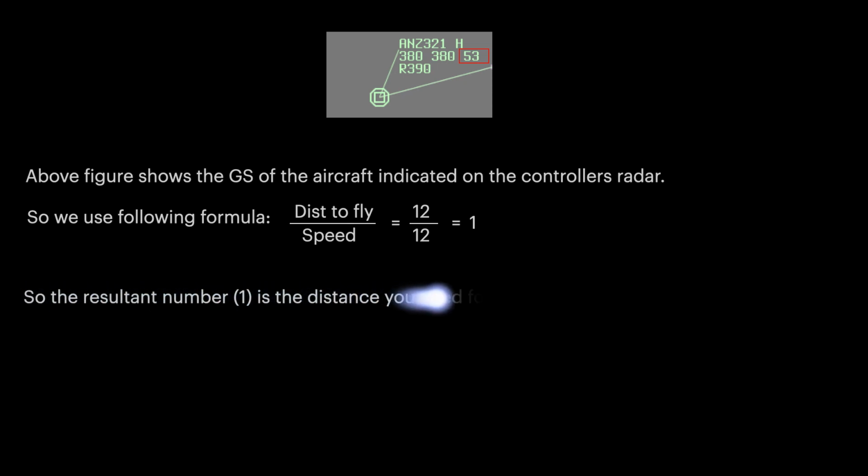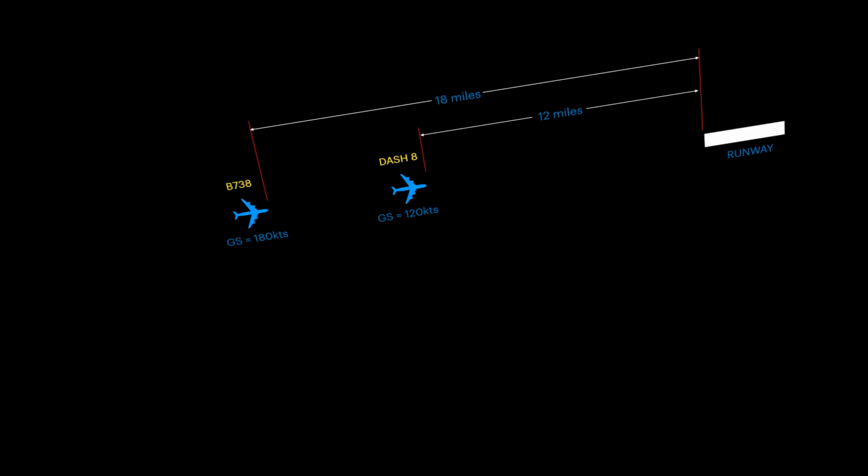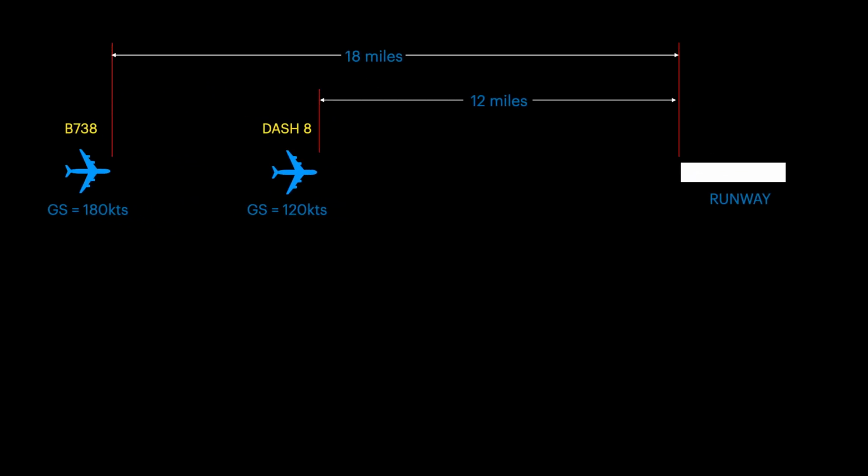That 1 indicates the distance you need for every 10 knots of ground speed. This is really the only thing you have to commit to memory. All the rest is just maths. So if you can remember that formula and apply it to the front aircraft, the rest hopefully will fit into place.